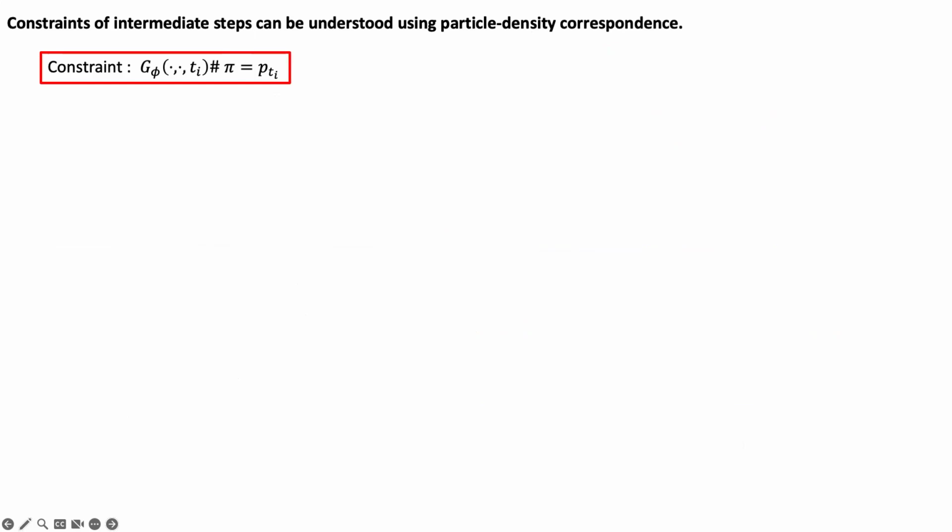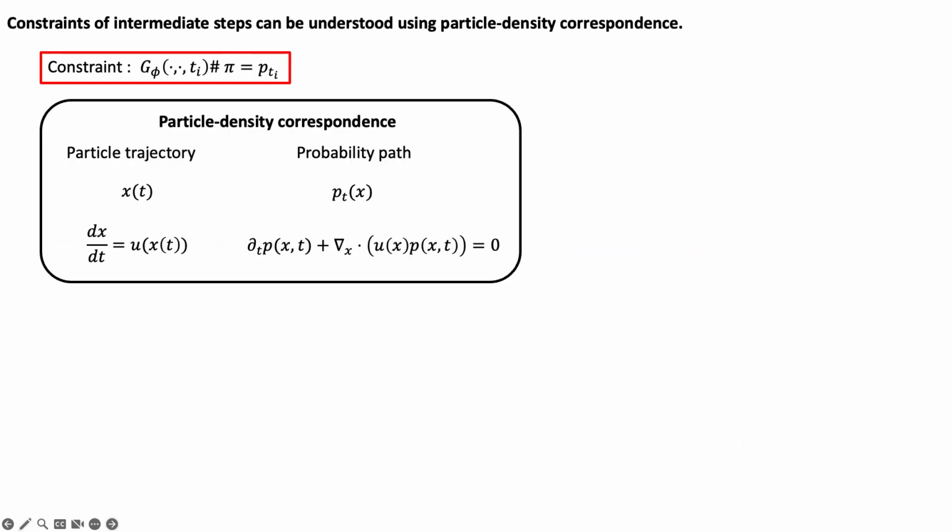So what is this constraint? Let's see our particle and density correspondence. Particle trajectory can be translated to probability path. Actually, given an ODE like this, you can define a flow map like this.